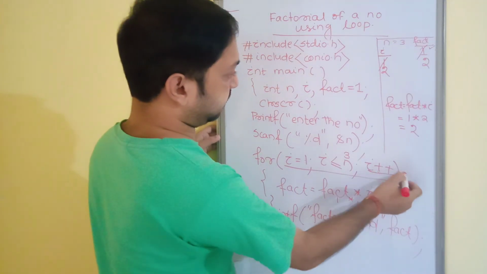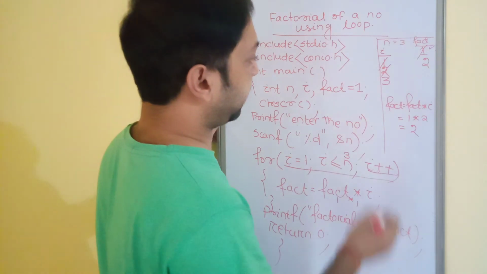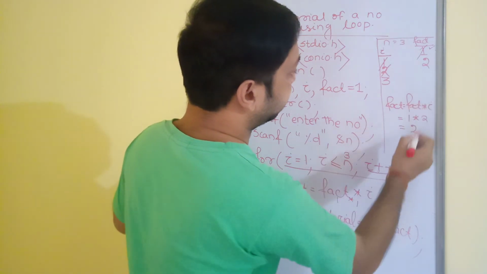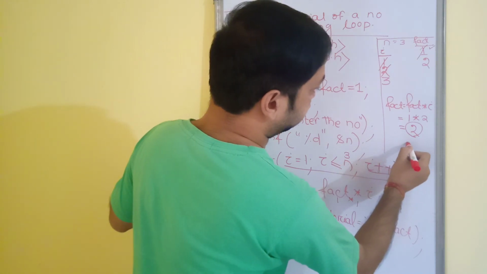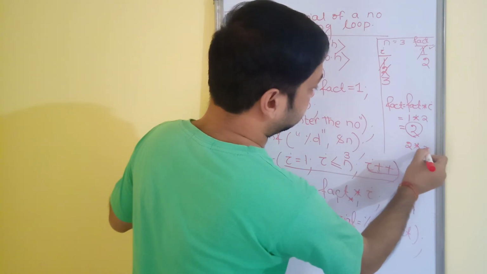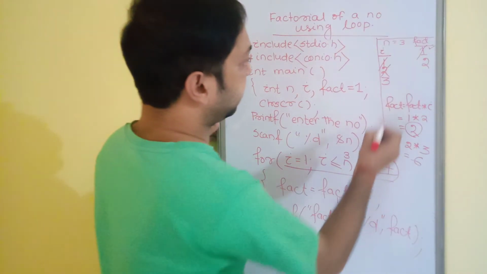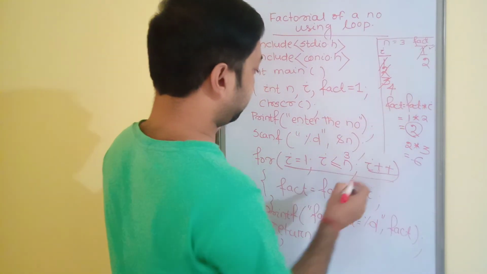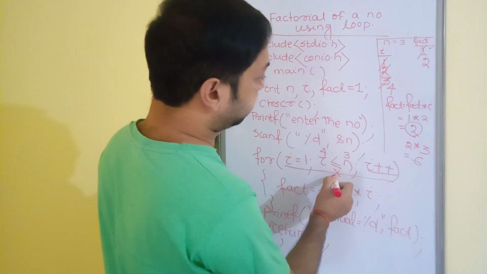Again i++, so i value will increase to 3. If i value is 3, again put the value here, fact value is 2, so this is 2 into 3. So we will get 6. Again i value is 4, but when you check it here, 4 less than or equal to 3, the condition is false, the loop will terminate.